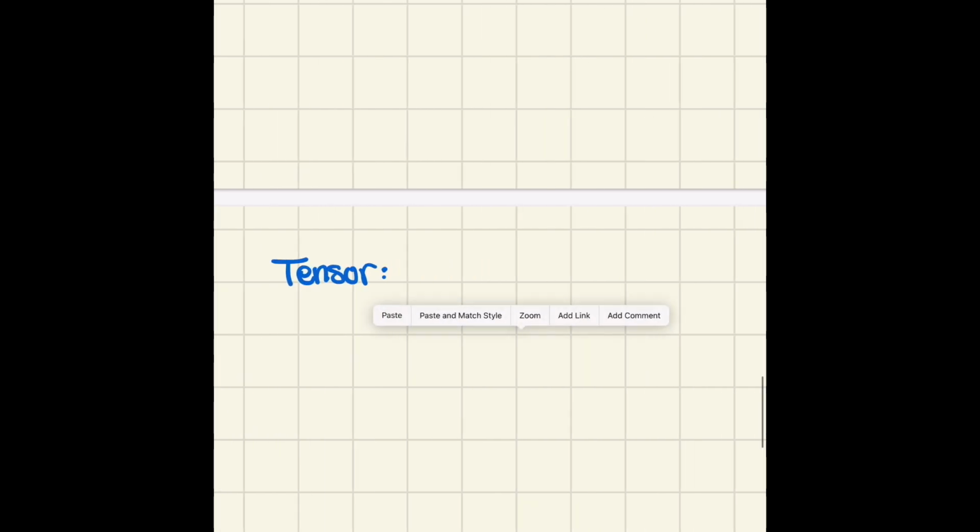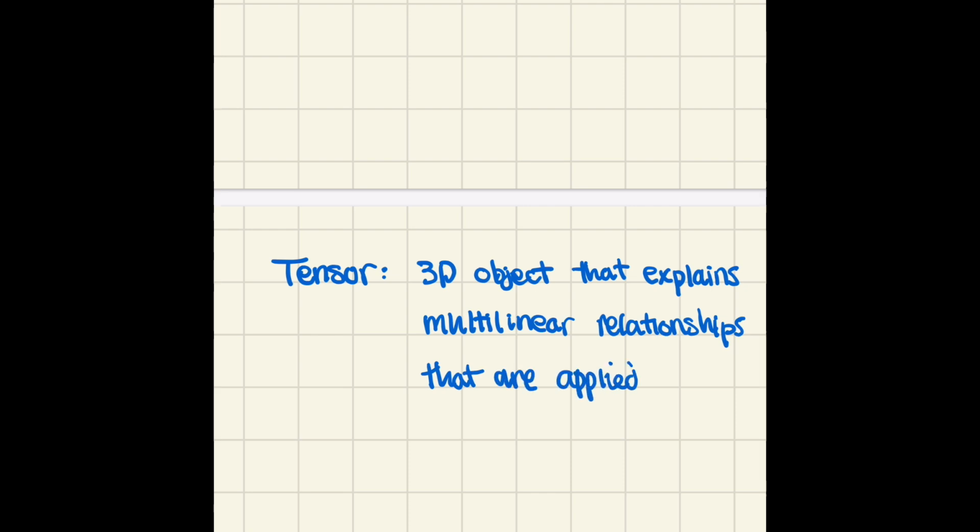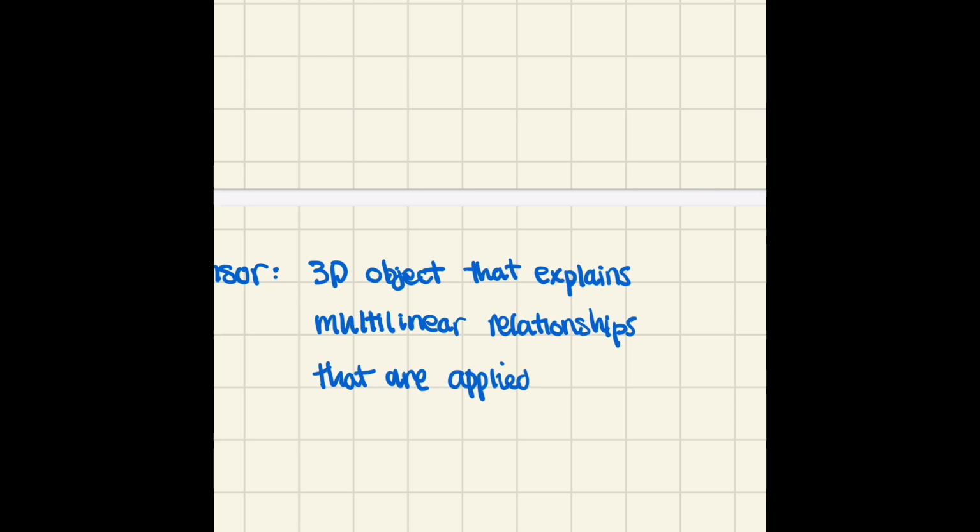So a tensor is a 3D object that explains multi-linear relationships that are applied on an object.